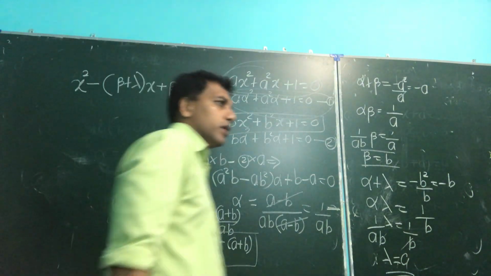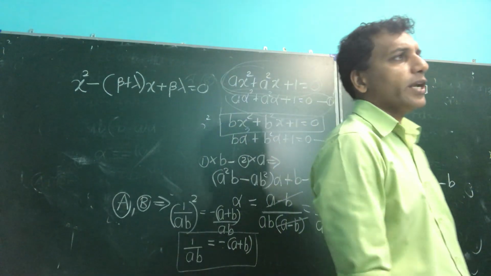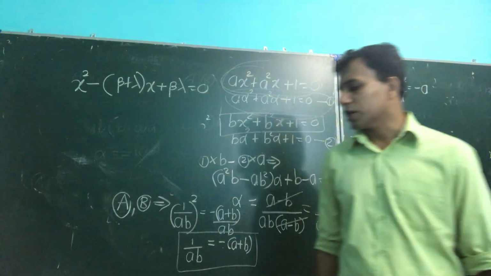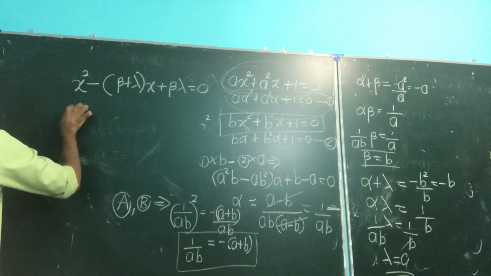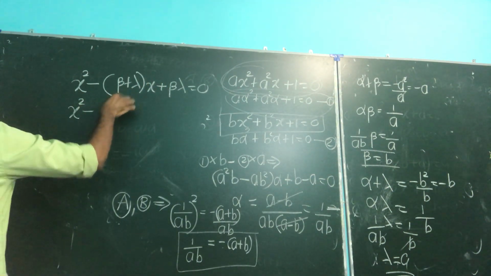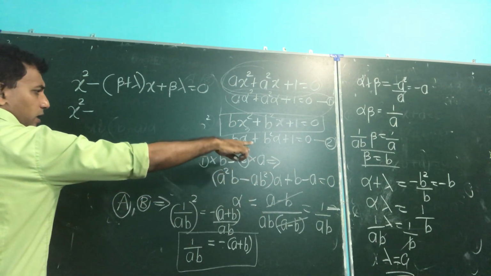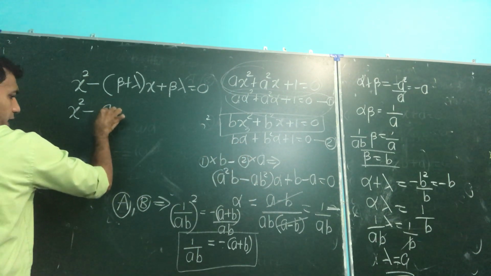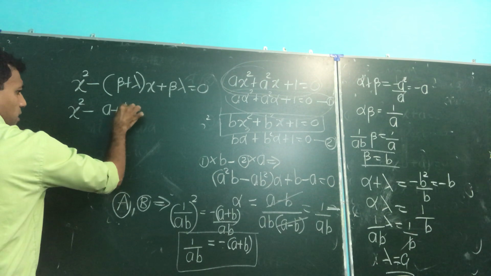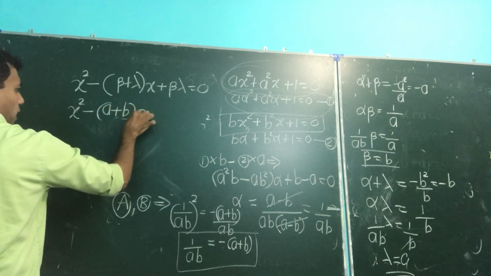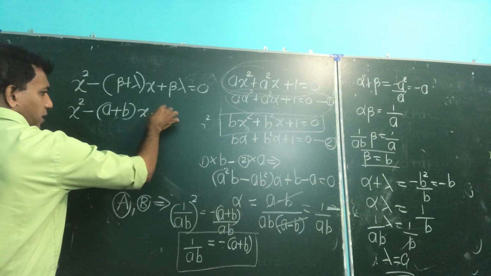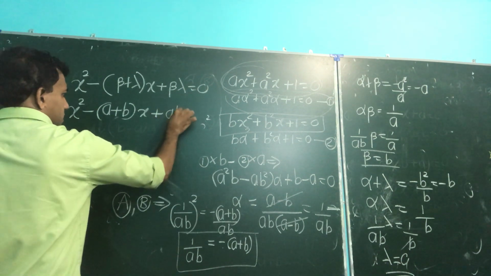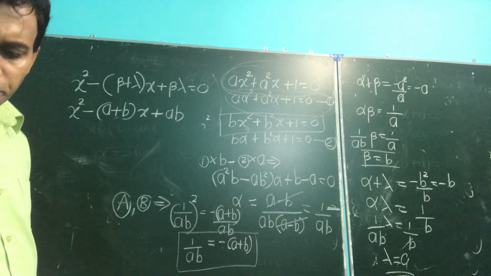X square minus sum of the root into x plus product of the root equal to 0, right? X square. What is beta and lambda adding? Beta is A, lambda A, A plus B, right? Into x plus beta and lambda multiplied, AB, right? Is the answer. The answer provided.